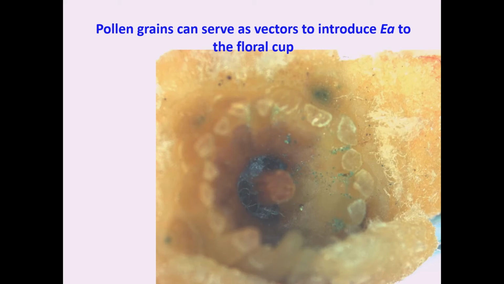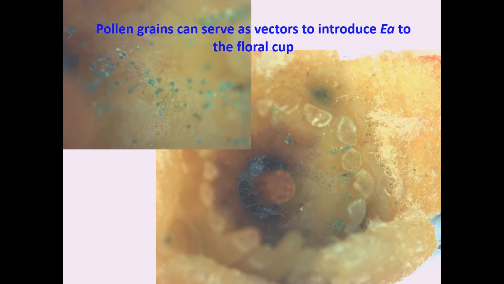Later, we also found that the pollen grains can serve as vectors to introduce Erwinia amylovora to the floral cup. As you can see in this picture, there are lots of those blue dots, which are the pollen grains, on the bottom of the floral cup.